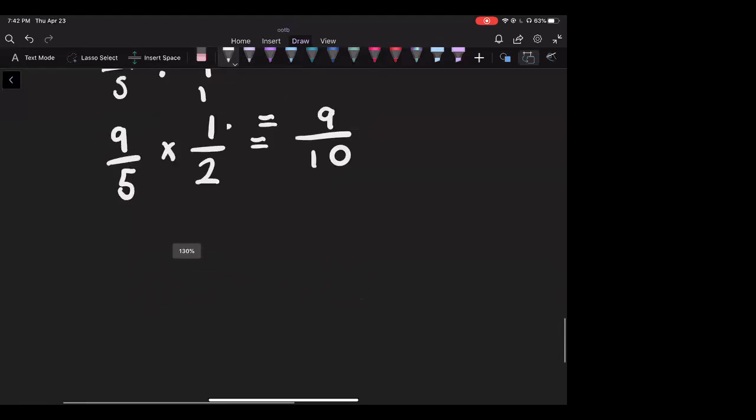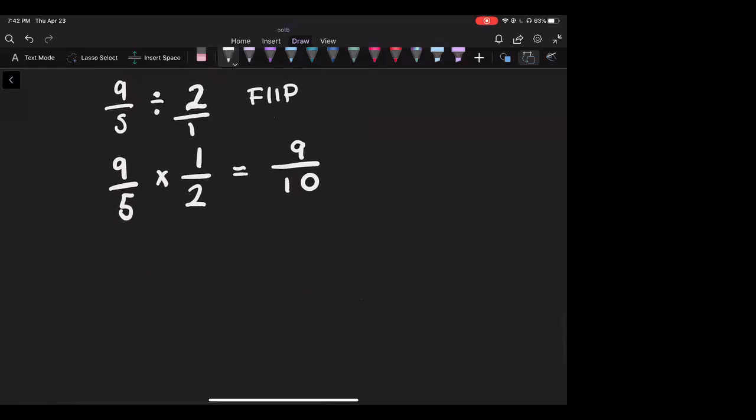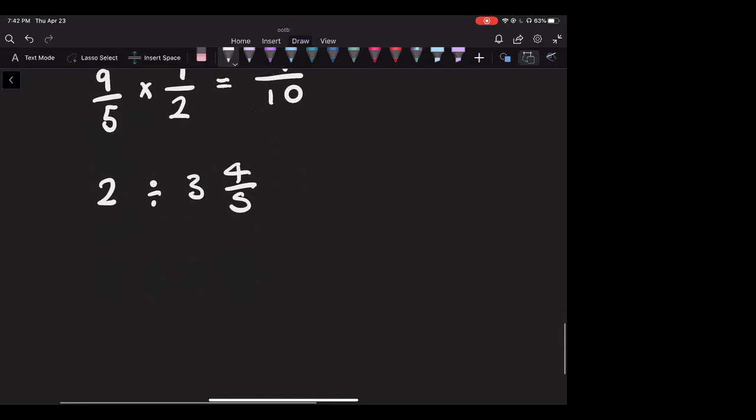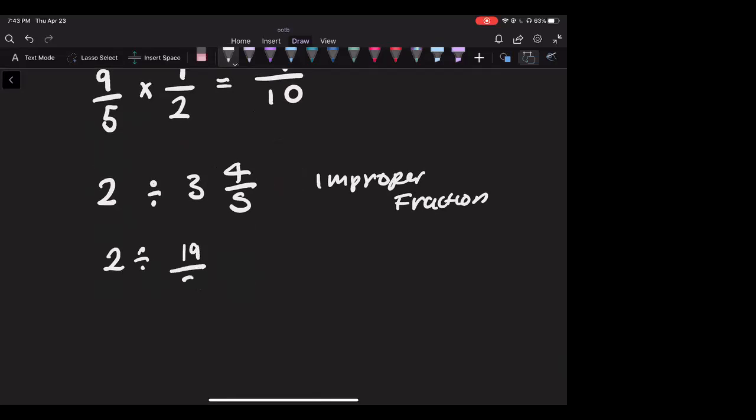Let's do one more question. Let's say I have 2 divided by 3 and 4 over 5. Before I can flip, I have to turn it into an improper fraction. So 3 times 5 is 15, plus 4, that's 19. So it's 19 over 5.